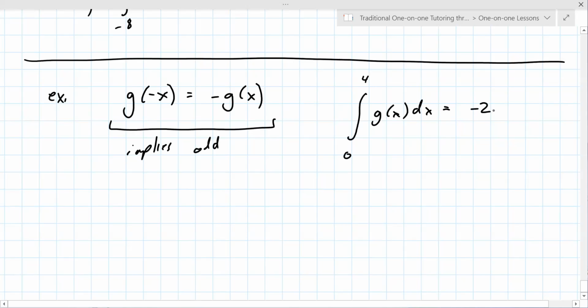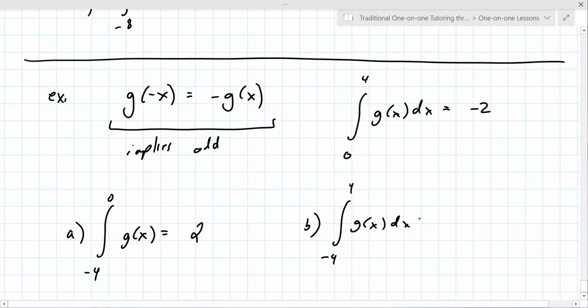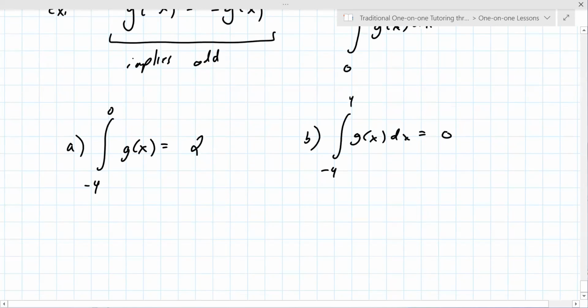Now this time it's different. It doesn't always have to be positive on the right here. Part A would be, what's the integral from -4 to 0 of g of x dx? It's the opposite sign of this, so it's 2. And part B would be, what's the integral from -4 to 4 of g of x dx, which is 0.